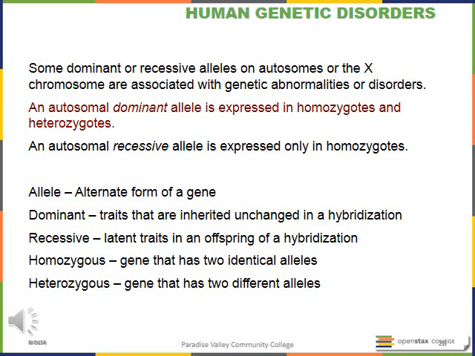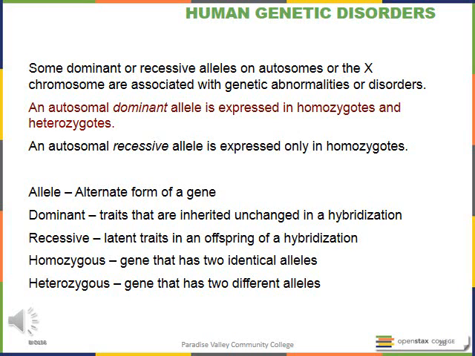Next sentence: an autosomal dominant allele is expressed in homozygotes and heterozygotes. So whether you have two identical alleles or two different alleles, one of them is going to have a dominant factor.